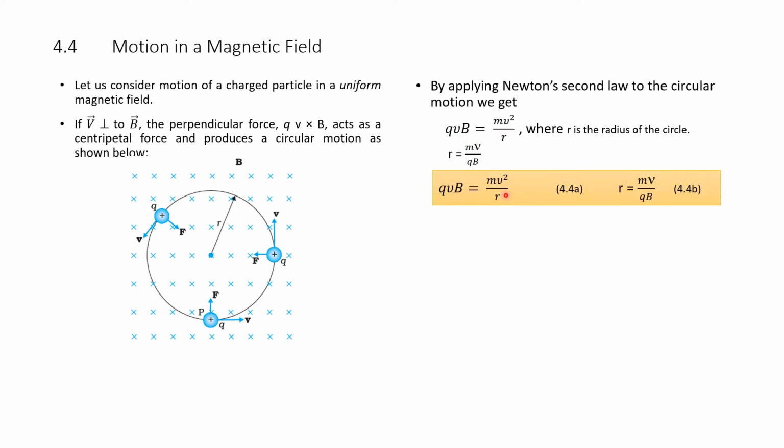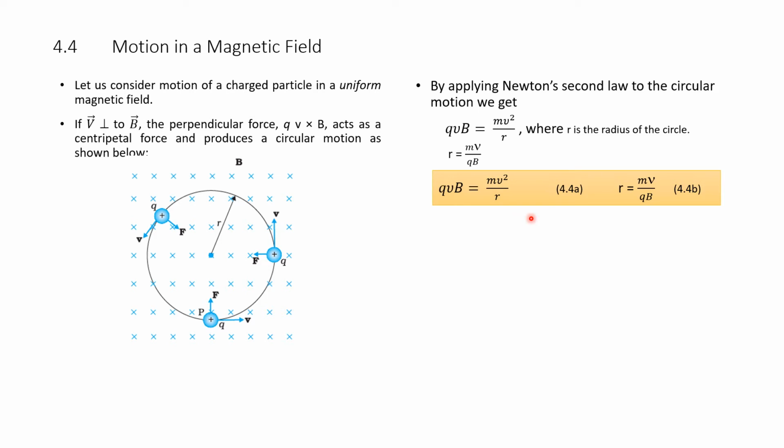We will repeat these equations so that you can remember them very well, and we have highlighted them. qvB is equal to mv square by r, where q is the charge, v is the velocity, and B is the magnetic field. That is due to the circular motion in a magnetic field.